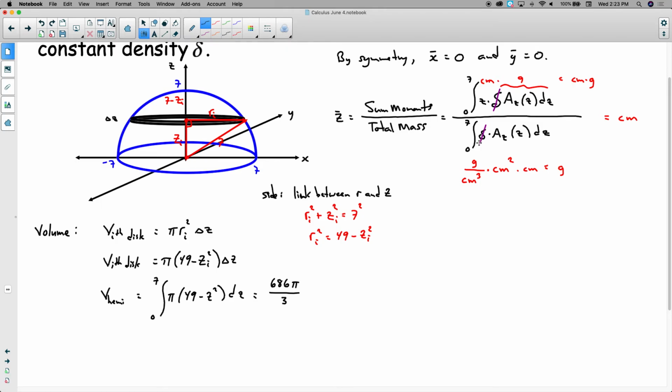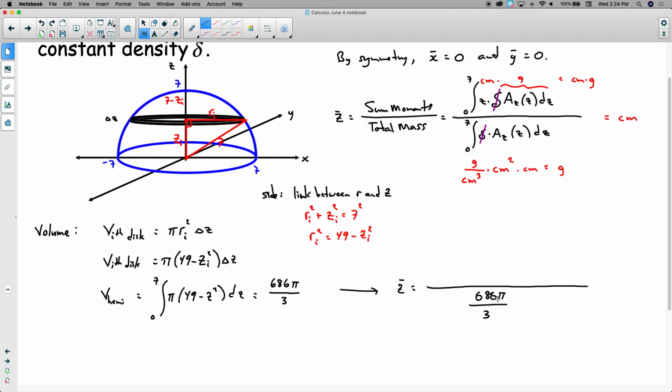Now that's after I canceled out the density. Okay, so let's not lose sight of that, right? So this is where we are. We've got z bar equals 686 pi over 3.